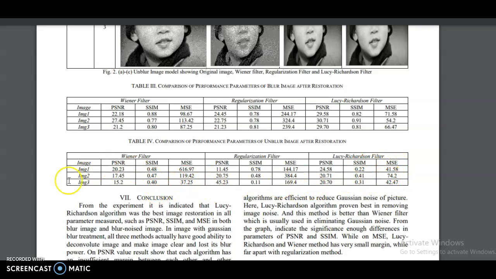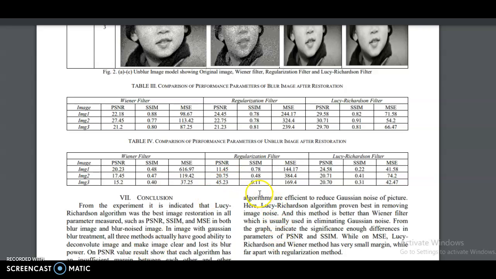Here for PSNR calculation, for image 1 it is 20.23, here 11.45, and here 24.58. This is higher than the Wiener filter and regularization filter.